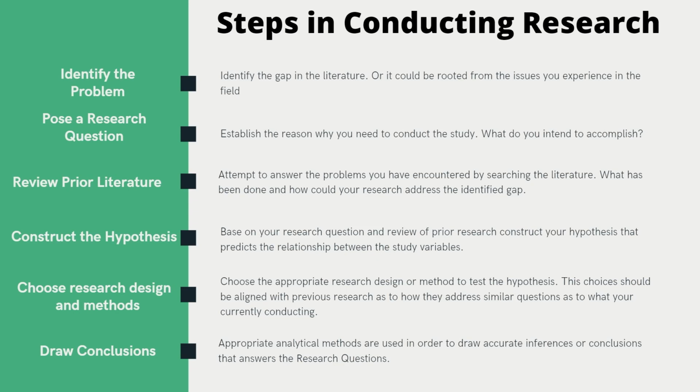At this point, it becomes very vital that you check the research methods they have conducted. If it's a similar problem to yours, you can adopt the research approaches or methods that they have used in solving the research questions they identified.